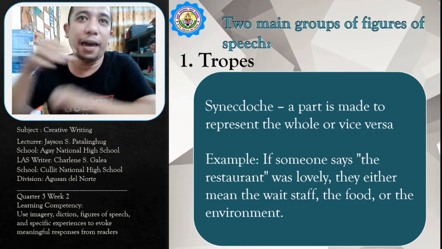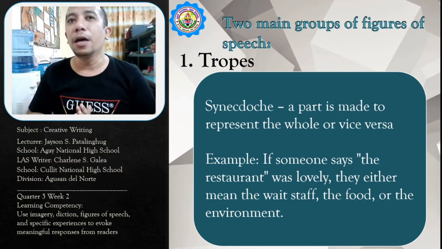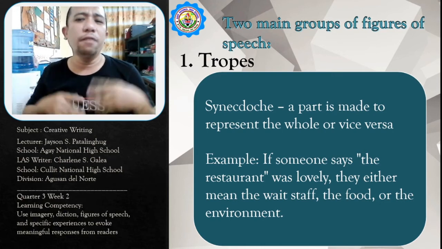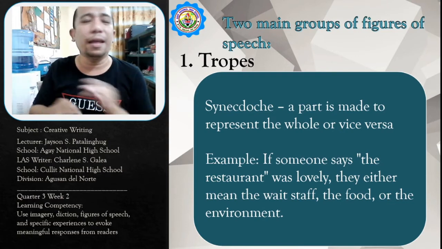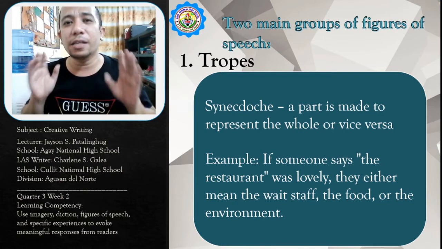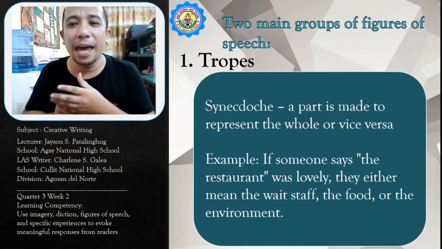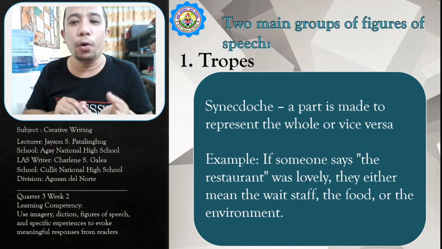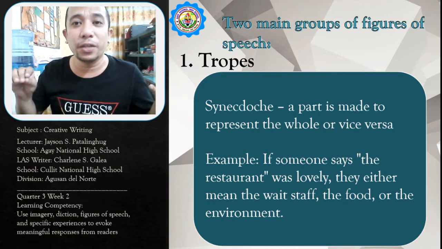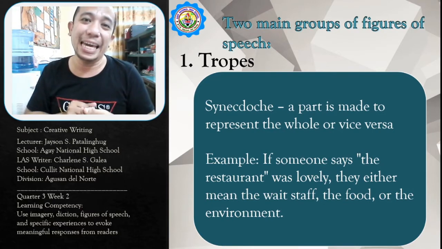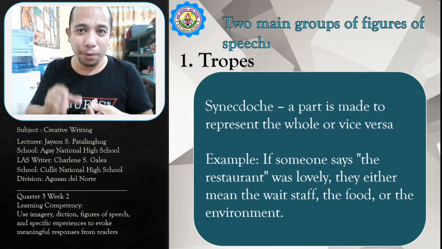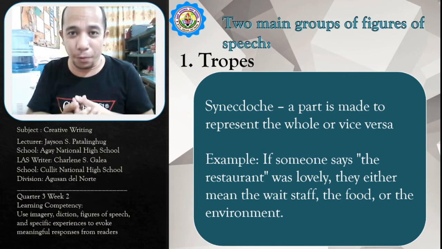So it's like a generalization. Instead of saying, "I love the staff, I love the food, and I love the environment" one by one, you use one word, one part, to represent the whole.